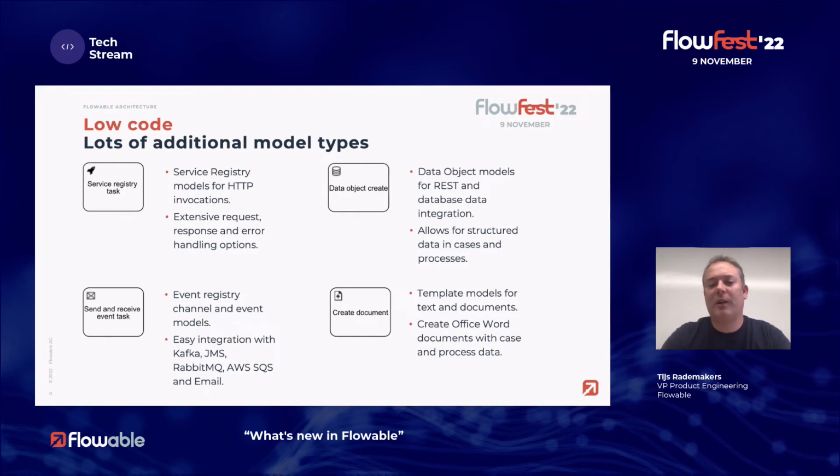Then another great example is the send and receive task, which is using our event registry, as we call it. And that's really an abstraction on top of something we call channels. And you can think about Kafka, you can think about JMS, RabbitMQ, AWS SQS, but also something like email. So a lot of different channels that we support.